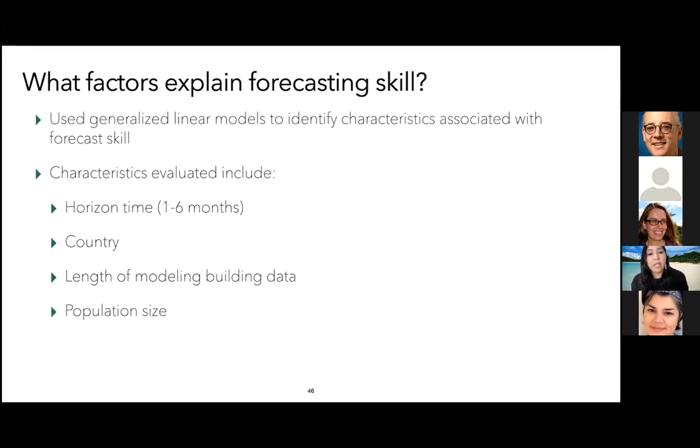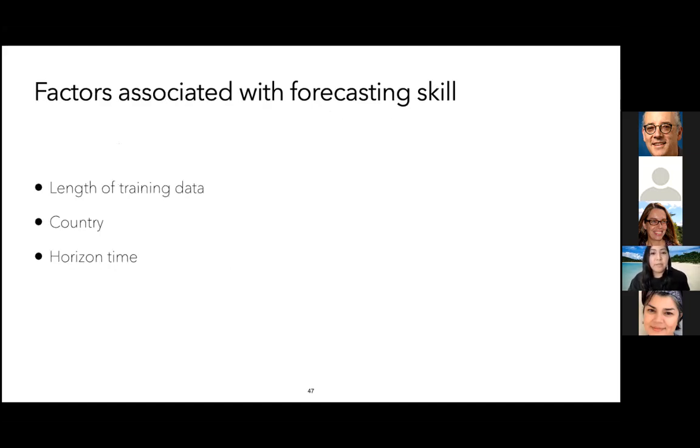So we evaluated factors like the horizon time, the country itself, the length of modeling data available, given the wide range of time series data available for model building. And in case there were any effects from population, we evaluated population size. And I won't go too much into this analysis, except to say that we found that length of training data did seem to matter.